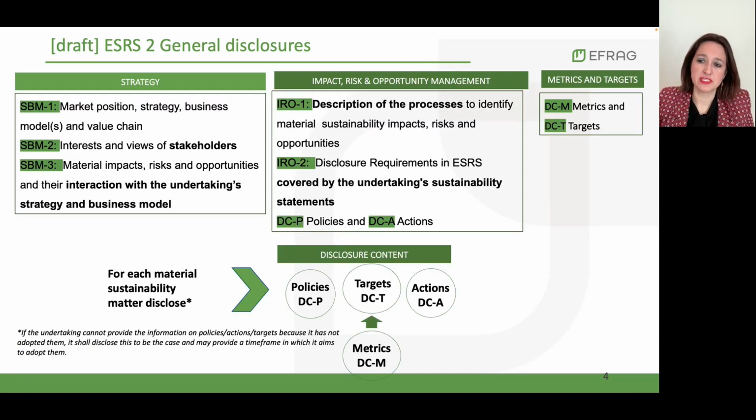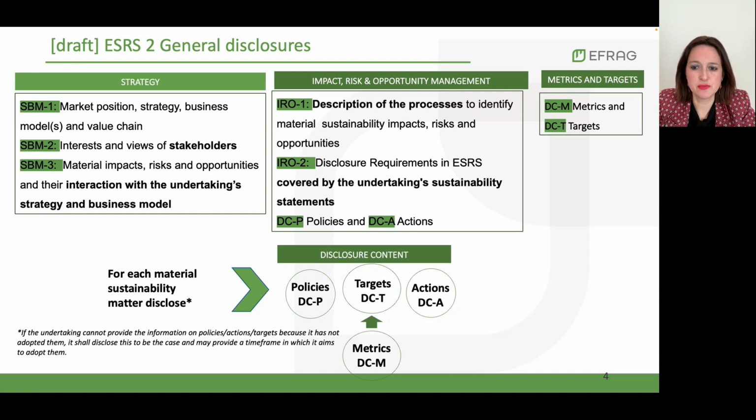Let's continue with the strategy reporting pillar that we could see on the left-hand side. This includes core disclosures regarding the output of the materiality assessment, together with business type information such as sectors where the undertaking operates, business model, or how it accounts for the views and interests of stakeholders, which is a key principle in due diligence.